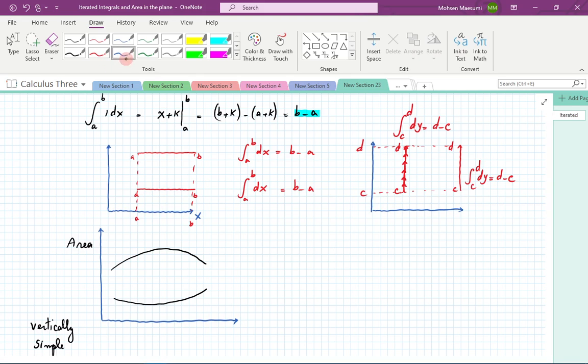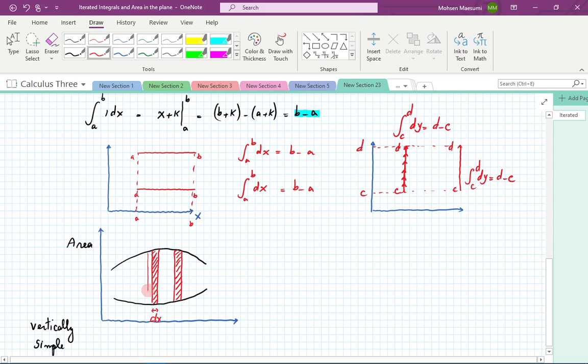What can I do? The idea that you learned in Calculus 1 was to break it up into strips. So I make this into these type of strips. Calculate the area of each strip. So I'll have lots of these strips. Calculate the area of each of them and add them up. Well, these are almost like rectangles. The base of these rectangles is going to be that differential of x we were looking at.